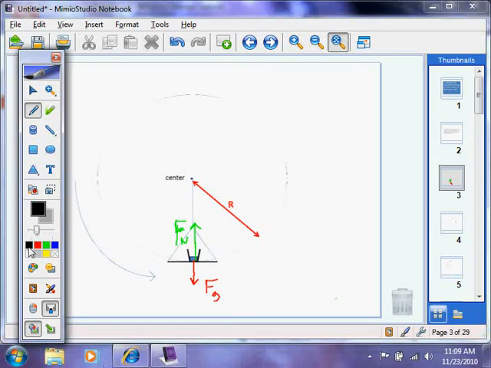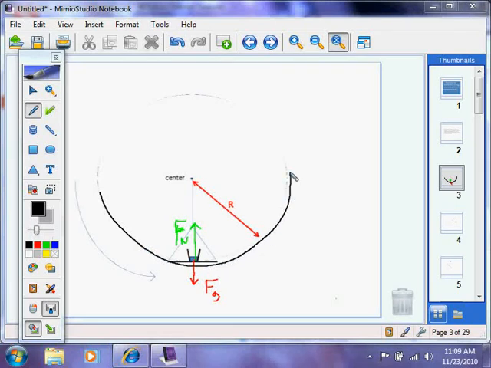Now, we know that the glass is going in a circular path. And if something is going in a circular path, there has to be an overall force acting which way? Which way does the overall force on that glass have to be acting if it's going in a circular path? Cindy? Towards the center. So there has to be an overall force towards the center, and we know the only 2 actual forces that are acting on the glass are the weight force and the normal force.